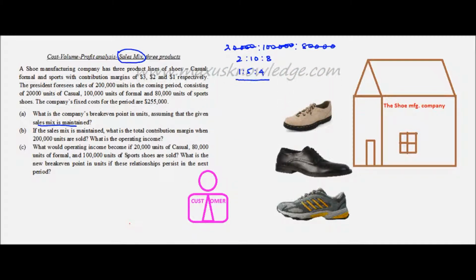So let's consider this building as the manufacturing facility of the shoe manufacturing company. Now, we have been given that the company's fixed cost for the period are $255,000.